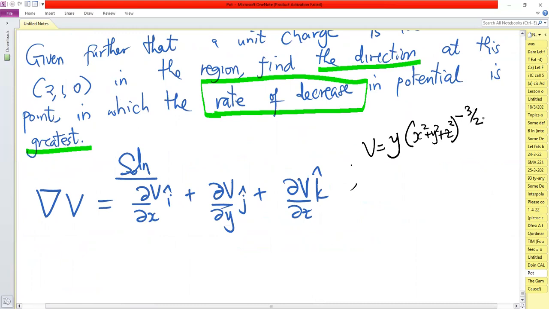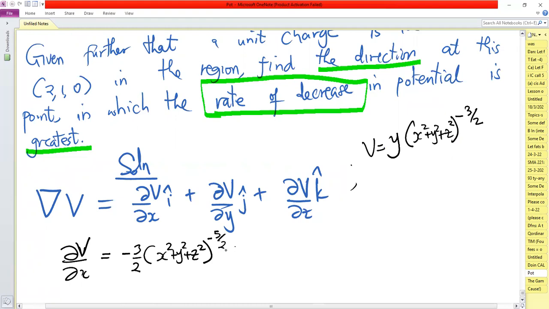So partial V partial x will be given by, using the chain rule, differentiating, I have to drop 3/2, and then I have x squared plus y squared plus z squared. Now subtract 1 from the power, and I have minus 5/2.